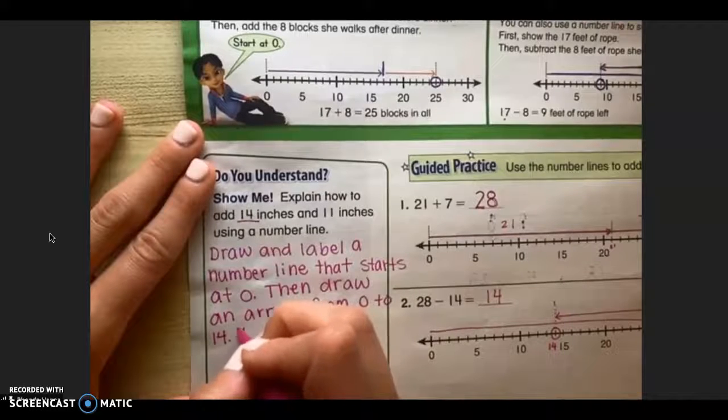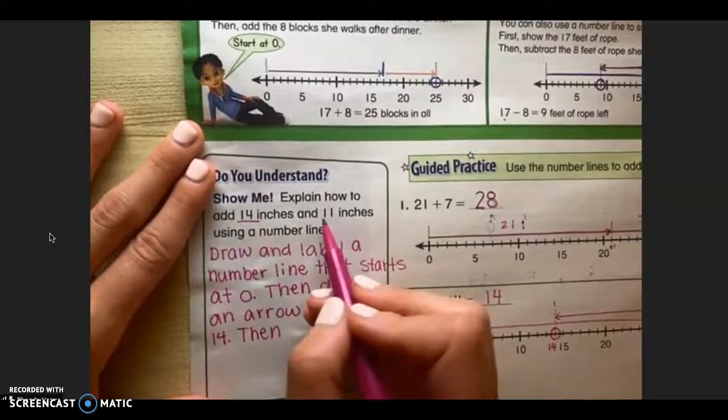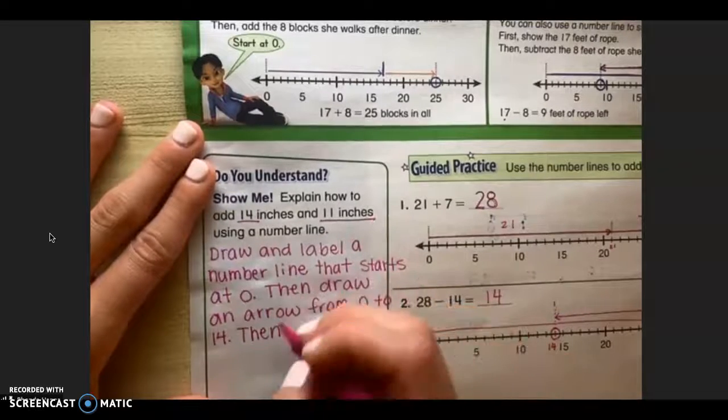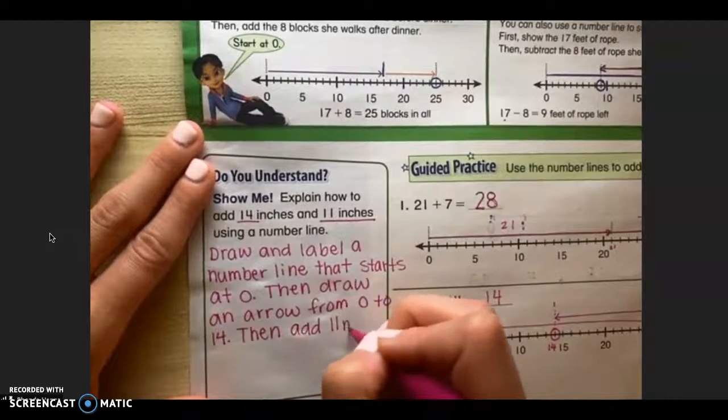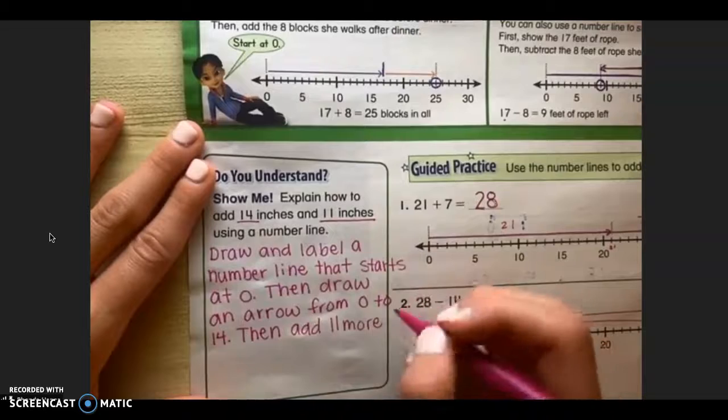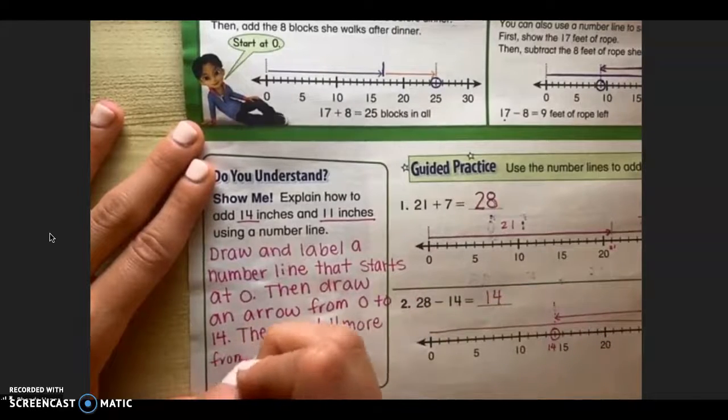Then I know I need to add 11 more inches, then add 11 more from 14.